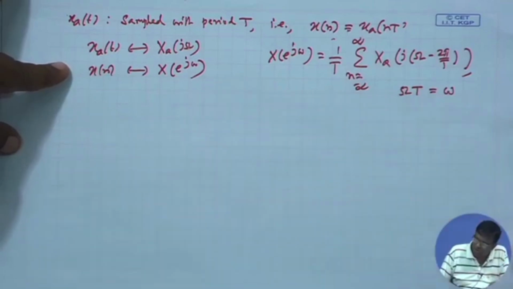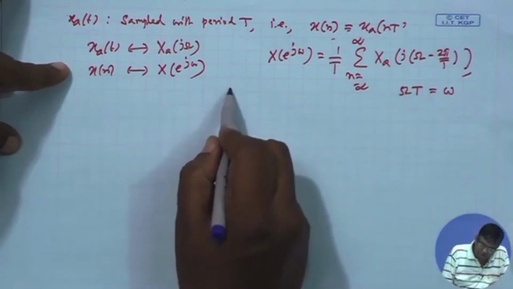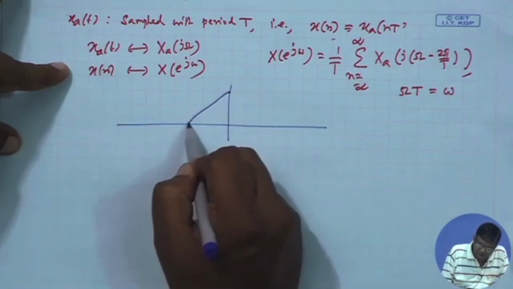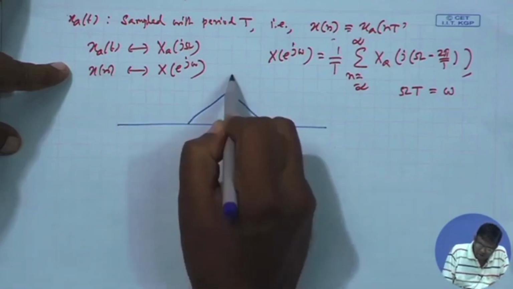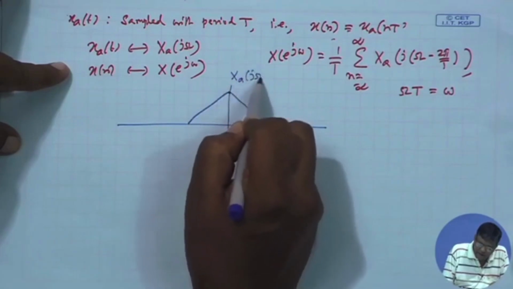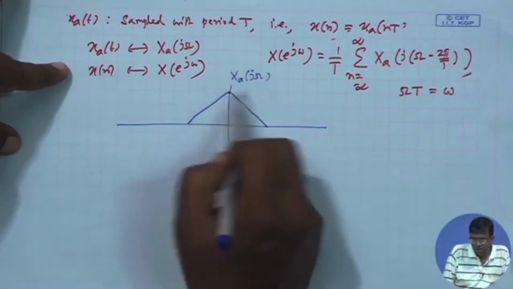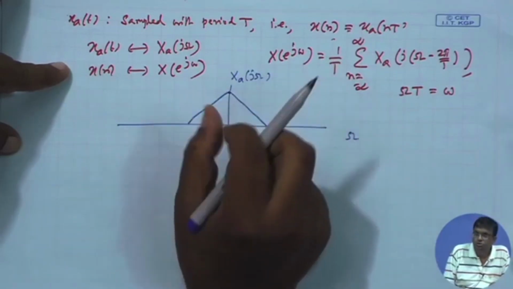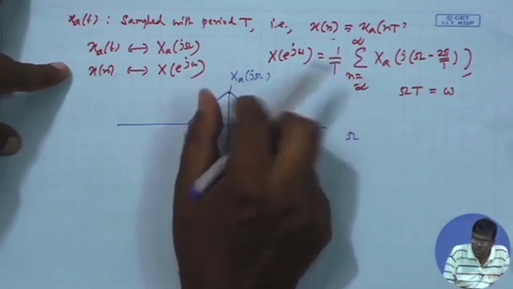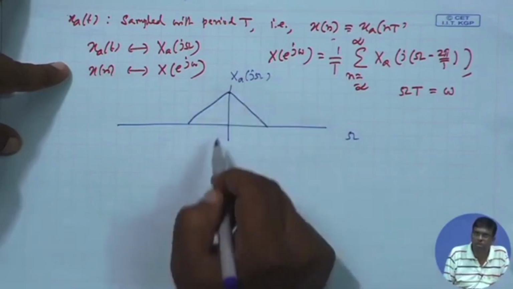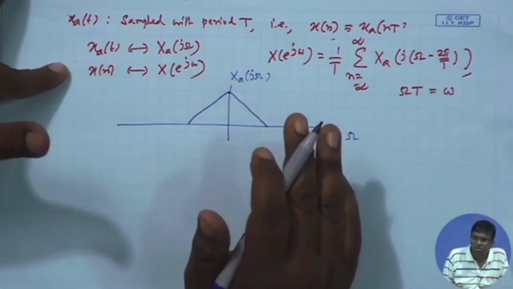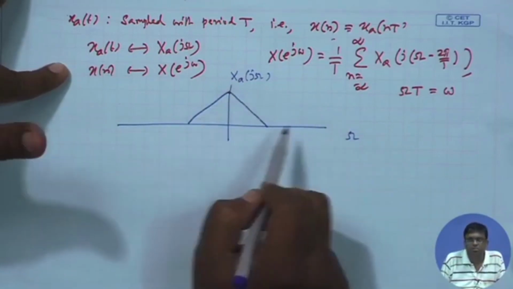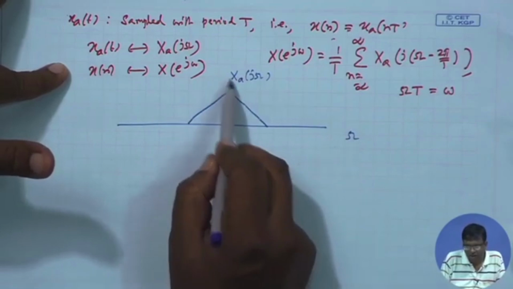Suppose as an example, we have a band limited function, say x a j omega. Again a word of caution, this analog Fourier transform also is a complex function of omega. So, to plot it correctly, I should have one plot giving the magnitude versus omega, another phase versus omega. But just to explain my point of view, I am not going into that description, I am just writing it x a j omega.